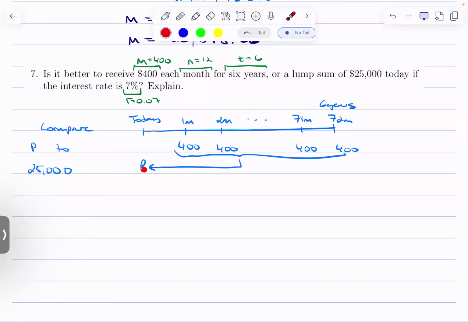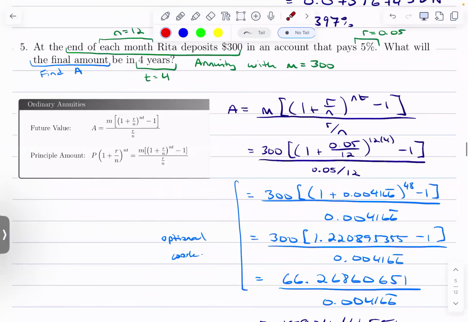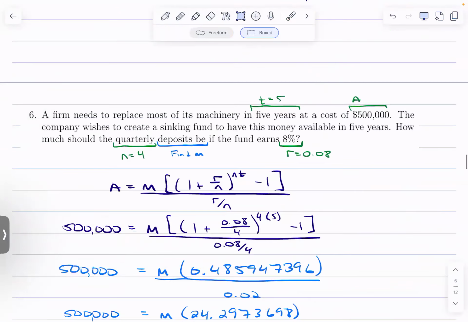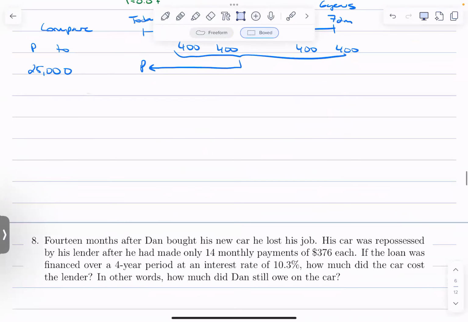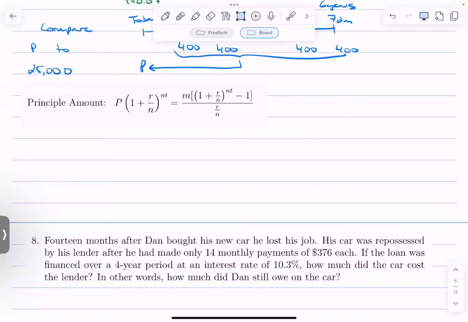So I want to find P for these regular payments, which means I have to use this next formula, our biggest formula, for the principal amount.